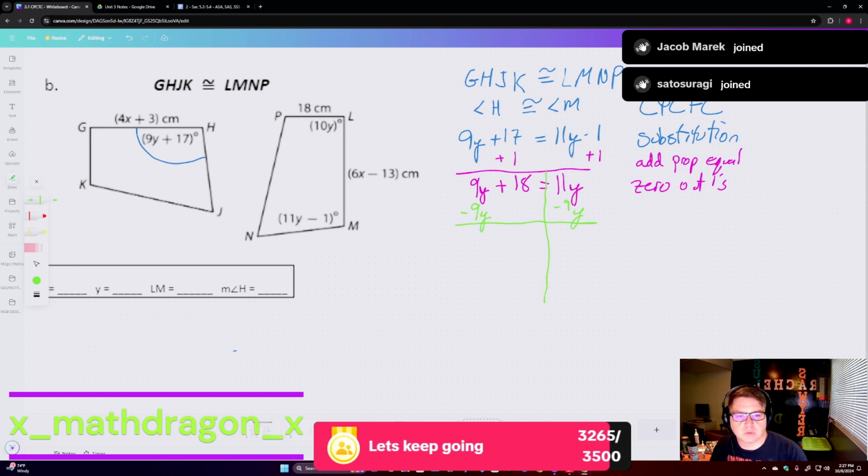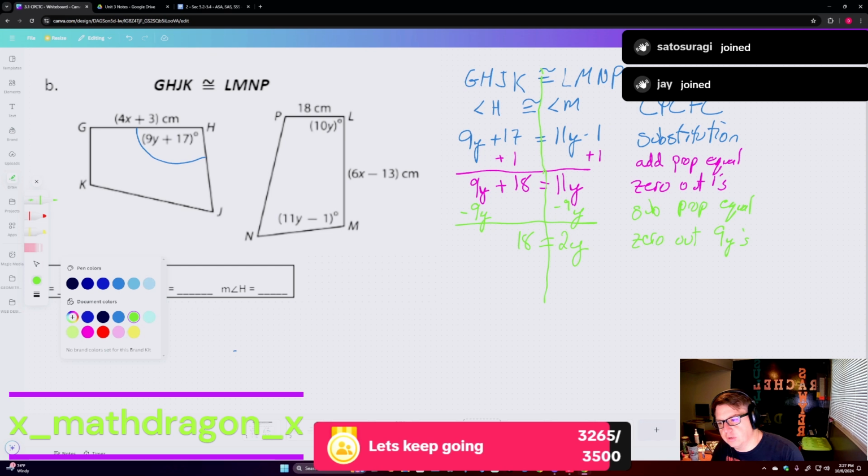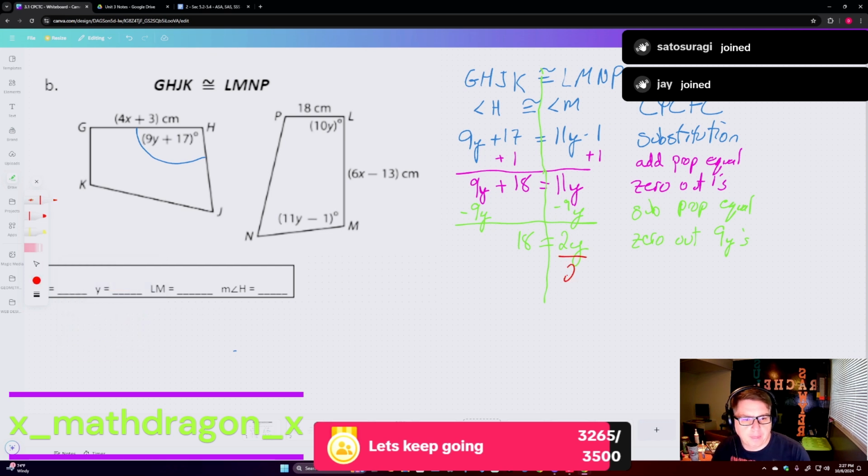And when we say both sides, we're talking both sides of the equal sign, because we could run that all the way up. So this is subtraction property of equality. And we'll get 2y equals 18, and we zero out the 9y's. And then we're going to do division property of equality, to get rid of the 2's, because we want to 1 out the 2's, so that y equals 9.